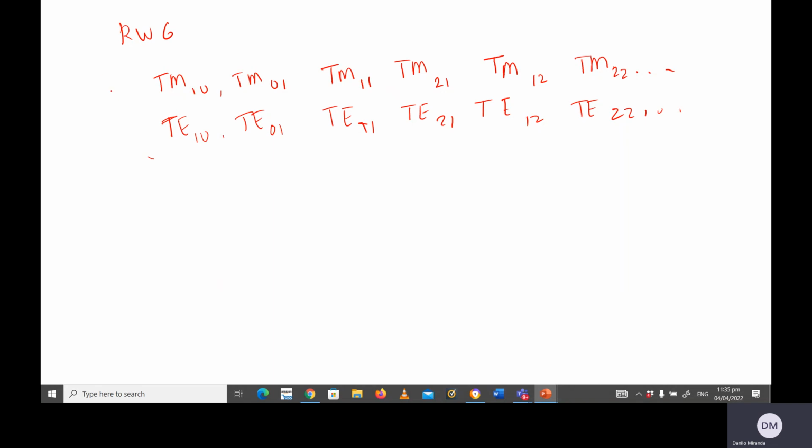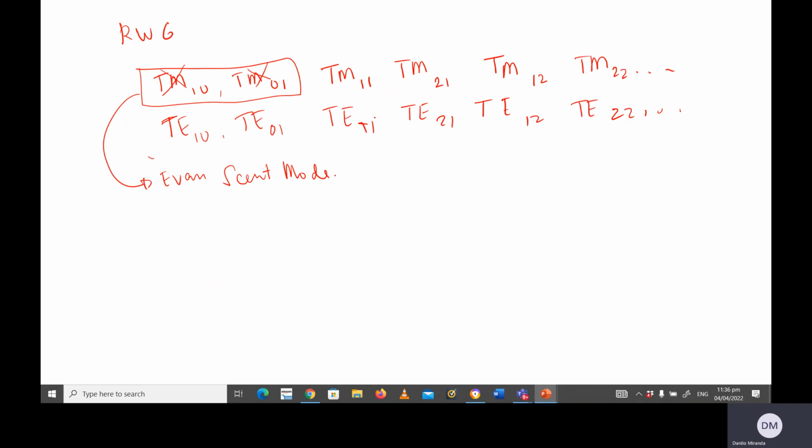Now, you will notice that in rectangular waveguide, these are not allowed. Okay? These are not allowed. And this is sometimes called through the experiment of evanescent mode. Okay?